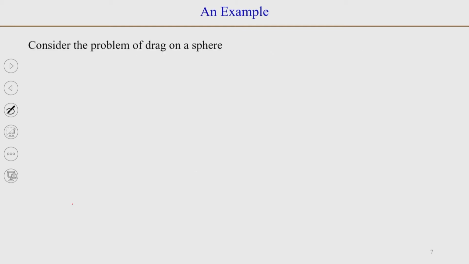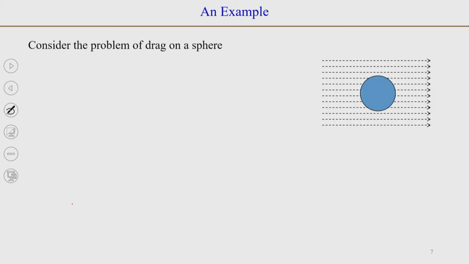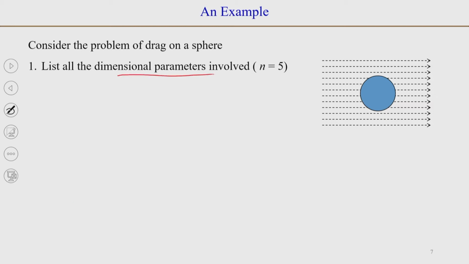Okay. So, let us look at the same example that we discussed earlier, the steps of how we non-dimensionalize a problem, or how we find the dimensionless groups for a particular problem. Consider the problem of drag on a sphere. The first step is to list all the dimensional parameters that are involved.